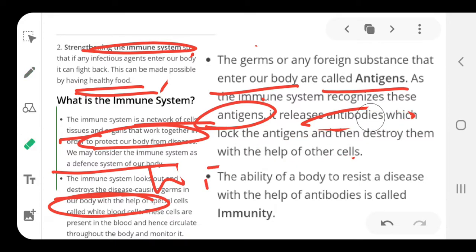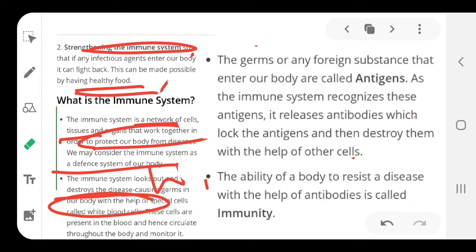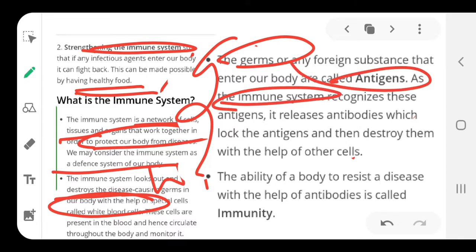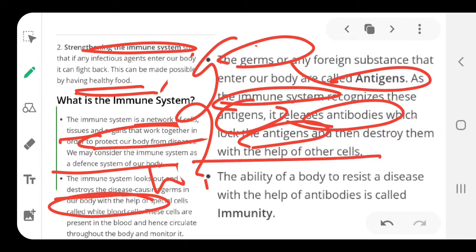Read on this again, because it gives you the mechanism of the working of our immune system. As the germs, which we call antigens, enter our system, the immune system identifies them and produces antibodies to destroy these antigens. You should know how beautifully the immune system works.